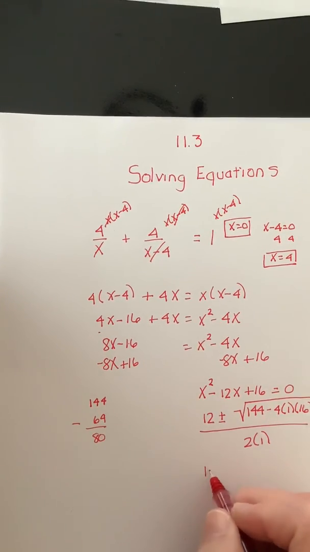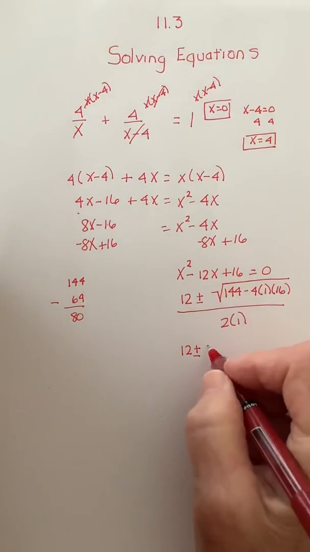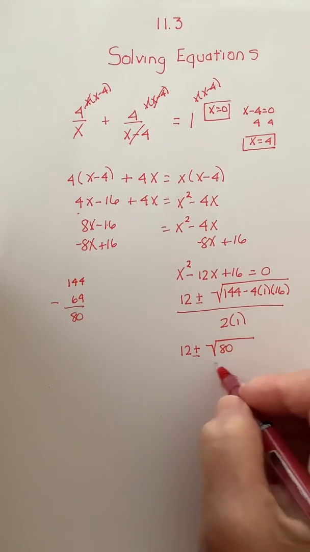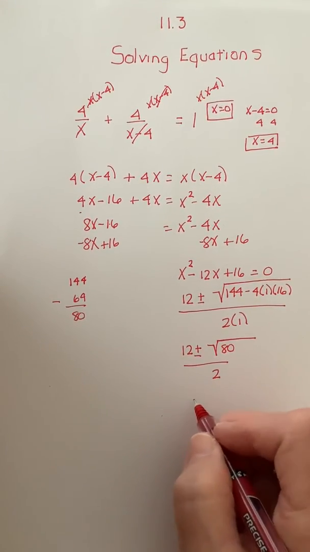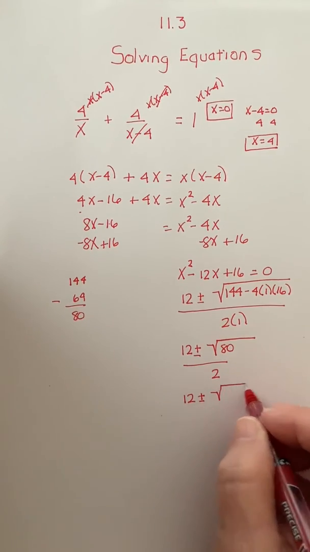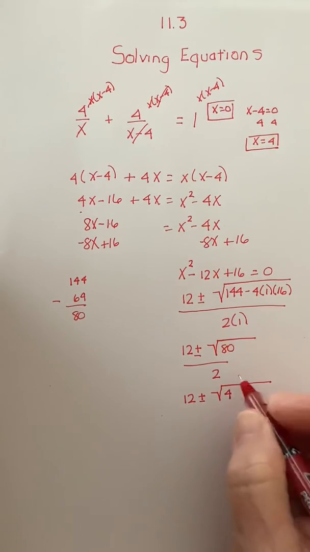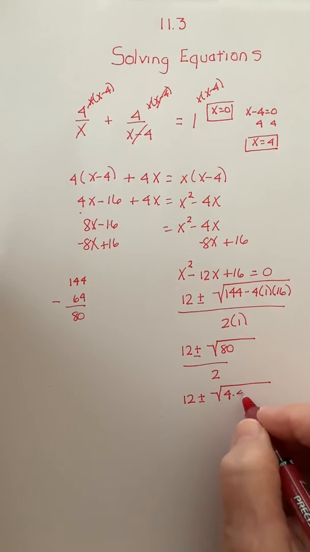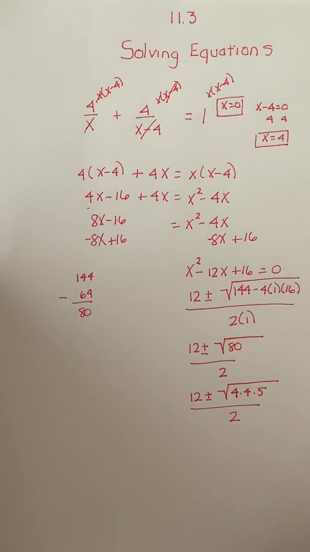So this is 12 plus or minus the square root of 80 divided by 2. Okay, 4 is a perfect square. 4 goes into 80 20 times. 20 has a perfect square of 4, and so we're left with 5, and all of this is over 2.